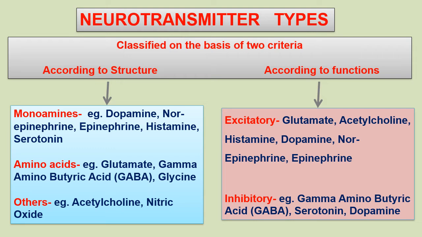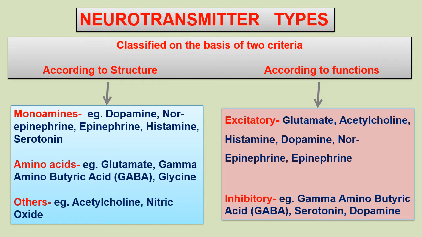Examples of excitatory neurotransmitters are glutamate, acetylcholine, histamine, dopamine, norepinephrine, epinephrine, etc. The inhibitory neurotransmitters function to alter the strength of neurotransmission between neurons by affecting the amount of neurotransmitters that are produced and released. GABA, serotonin, dopamine, glycine, etc.